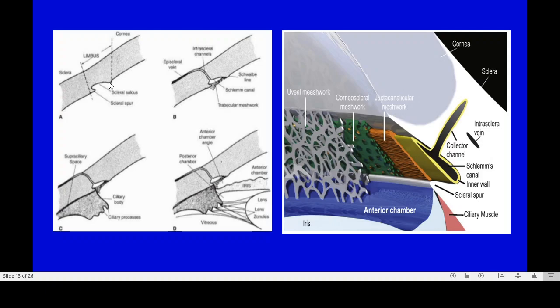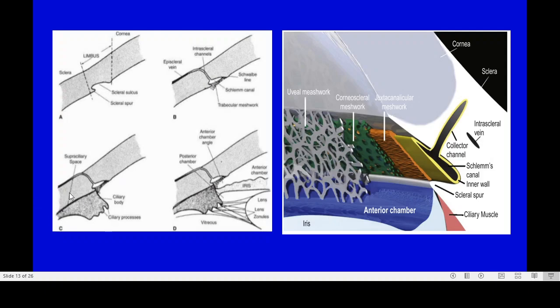This is Schwalbe's line, and between these two there is a well formation. This is the scleral sulcus. In the second figure you can see that this area is bounded by trabecular meshwork, and then it forms the Schlemm's canal. Schlemm's canal is connected to the outside episcleral venous plexus with the intrascleral channels, also known as collector channels.